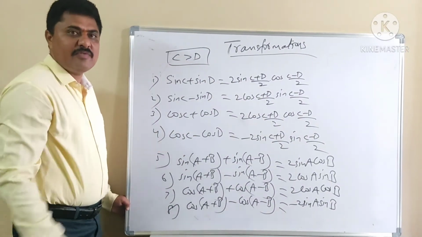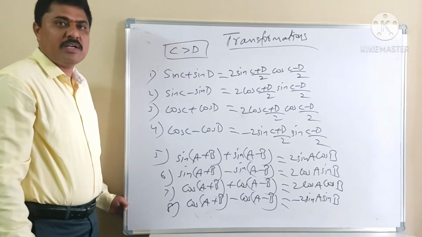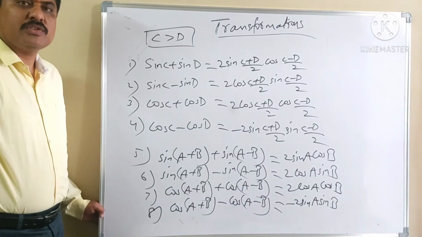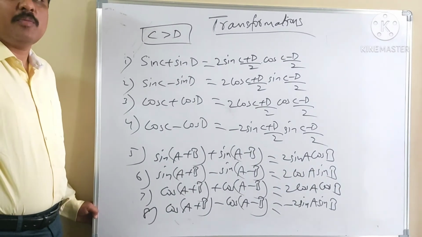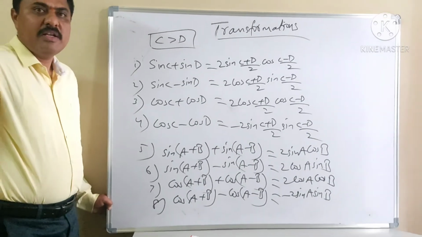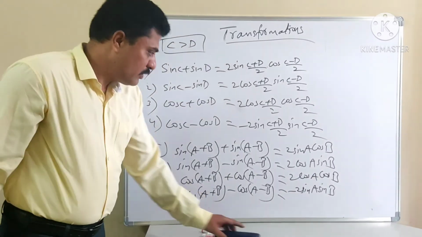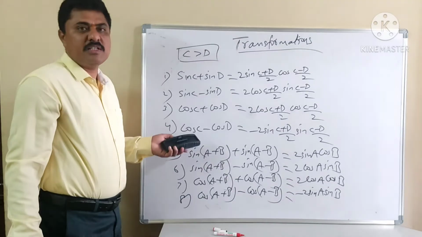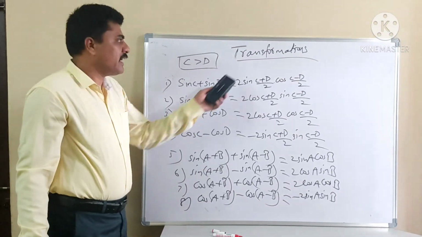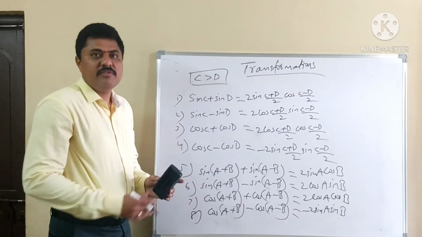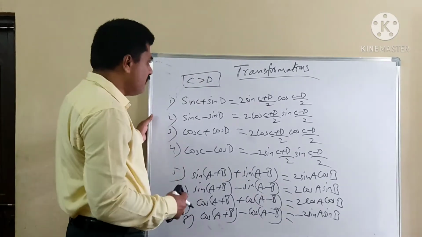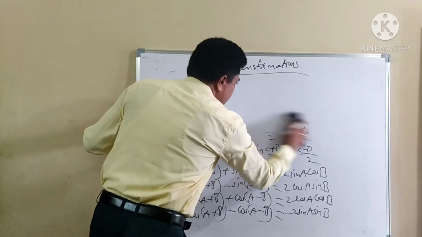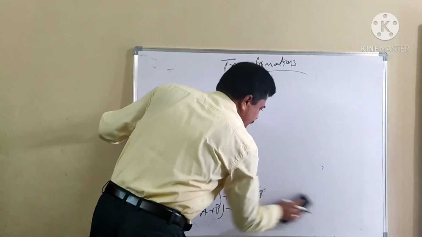These are the main 8 formulas which play an important role in solving problems. We will see how they are used with one example. Please try to learn and remember these formulas so that you can solve the entire transformations chapter very easily. I will show how to solve with one example. Now, the sum of the angles.